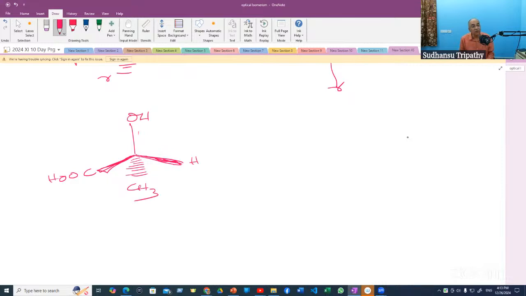You convert it to the Fisher formula. This is a two ways formula. Once you are given a two ways formula in any question or any book like this, you can easily convert it to the corresponding Fisher formula, which is a planar structure.